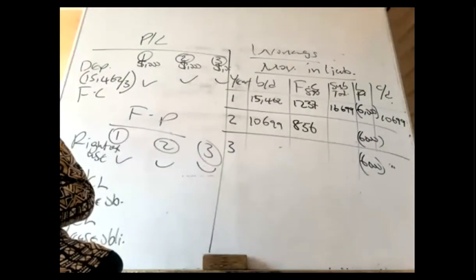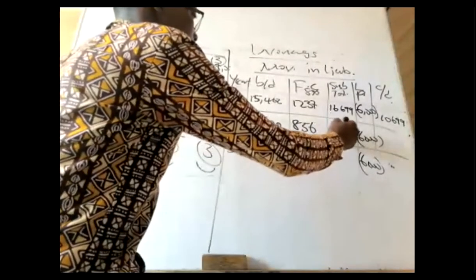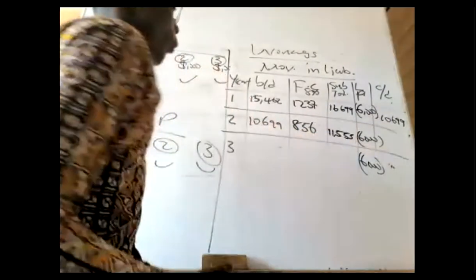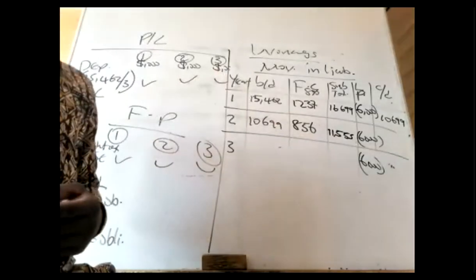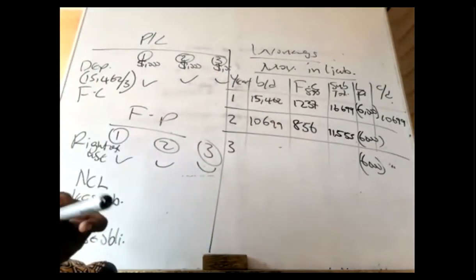So add it to 10,699. You get something like 11,555. So 11,555. Okay, so we take off 6,000 from it. So that's 5,555. I like that.